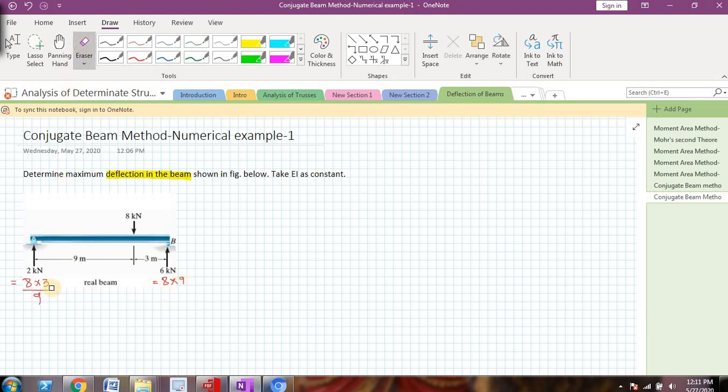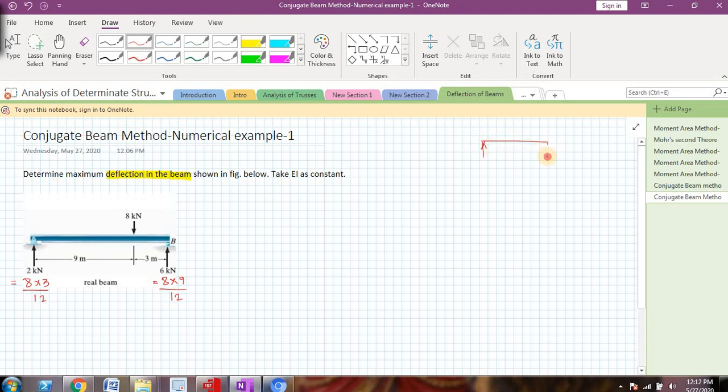I'm sorry, this is not 9, this should be total span. So the total span is 12, and this is 8 into 9 divided by 12. So this is how you can find this 6 kN and 2 kN reactions. This is one where you can use this formula.